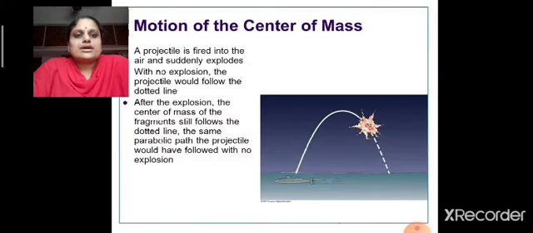According to the principle of conservation of momentum, we can see that the motion of the center of mass of a projectile will follow the same path. That is, if a projectile is fired into the air and if it suddenly explodes, then after the explosion, the center of mass of the fragments still follows the same parabolic path, that is along the dotted line, whereas the fragments will fly off.